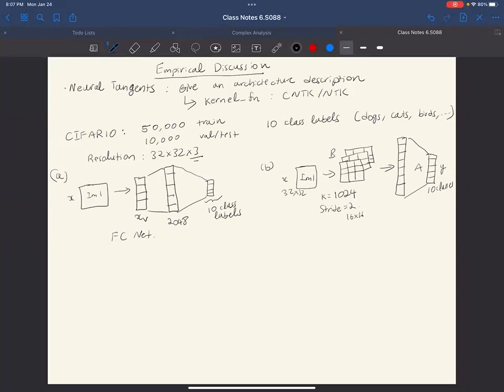You'll see that these strided convolutional operators are pretty common in image classification nowadays, and especially in ResNets, they have these as well. Now, training neural networks is actually pretty difficult. So there's a number of standard procedures that people use.